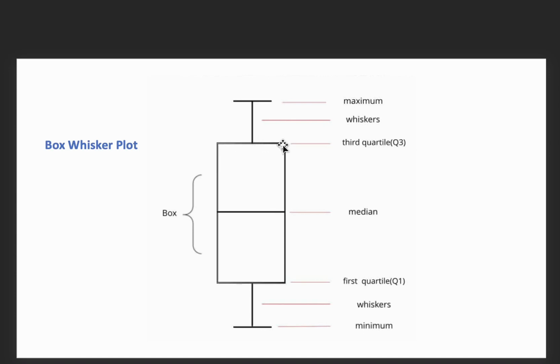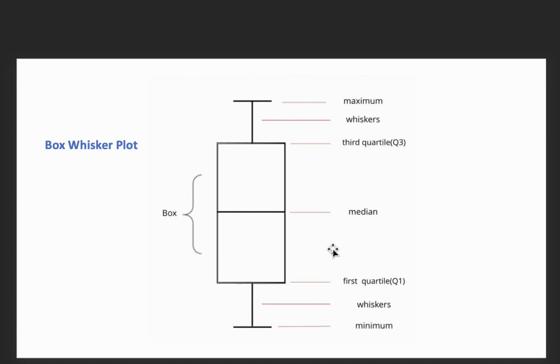It's got the third quartile, and the median is in the middle. So the 25th percentile, 50th percentile, 75th percentile. And we connect that up with something called a whisker. A whisker connects one of the hinges to the maximum value, one of the hinges to the minimum value.